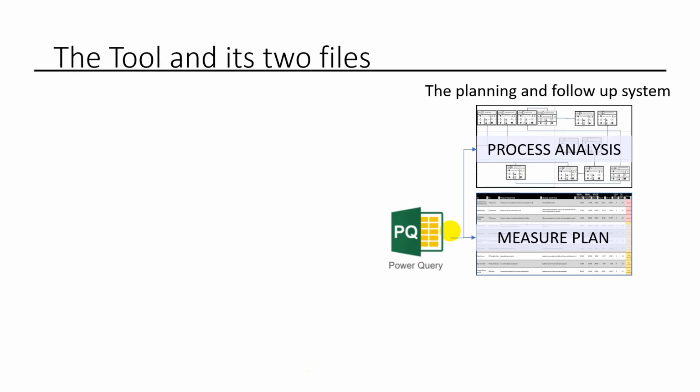As already mentioned in the intro, the whole process of setting up a process redesign starts with the process analysis as is, before defining potentials, and from the potentials a measure plan. This portion of the process redesign is set up in the planning and follow-up system.